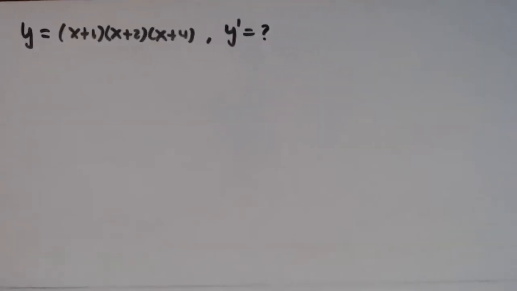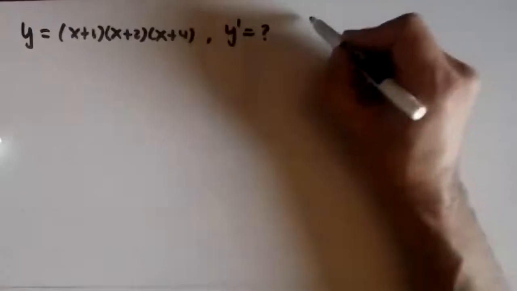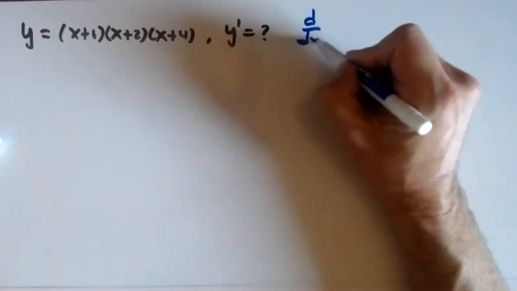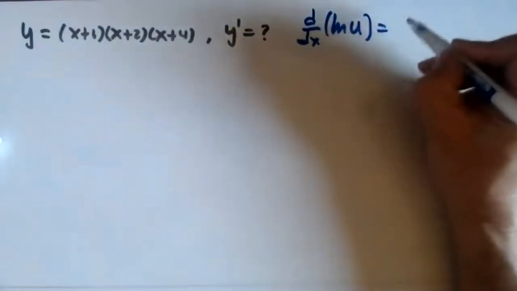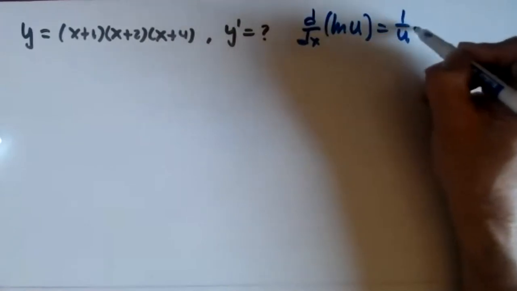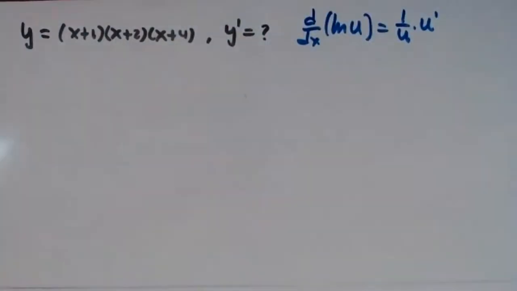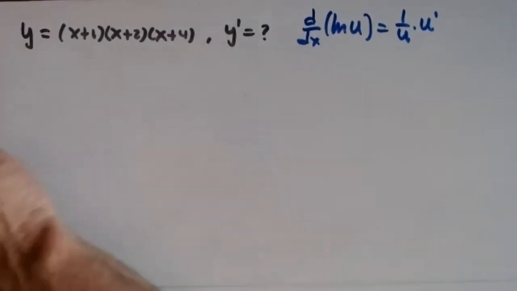Okie dokie, no problem. So what I'm going to use is the derivative of the log, d/dx of ln u, so 1 over u times u prime, correct? And the properties of the logs that you know already. So I'm going to take the log both sides.